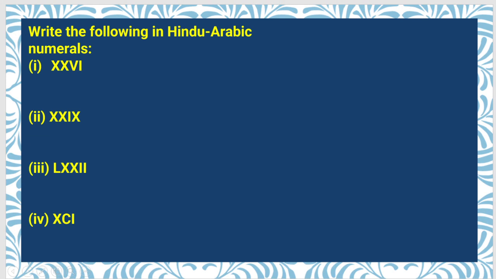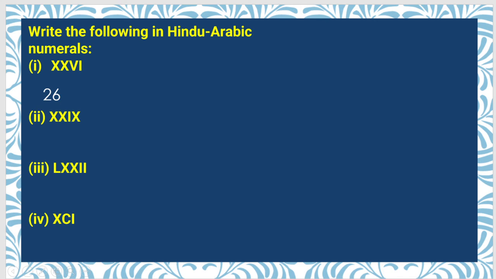Now again, children, for writing in the Hindu-Arabic number, the Indian number system, this is 10, 10, 20, 20 and 4. Is it 24? No, 24 is wrong, because 1 is being placed after 5, so it's 5 plus 1, 6. It is 26.